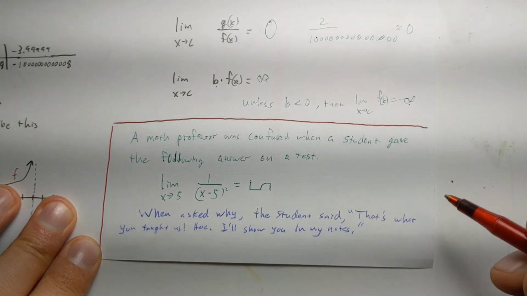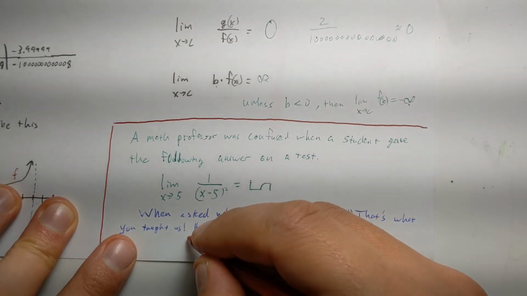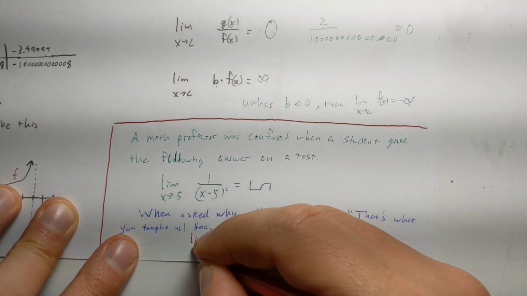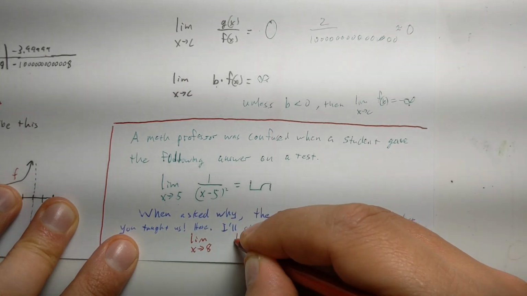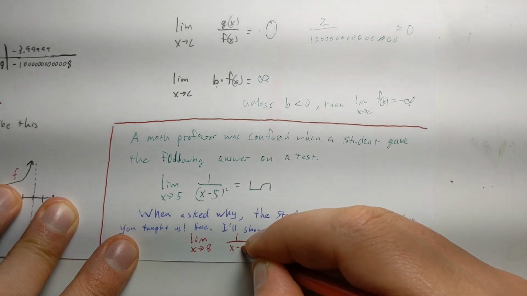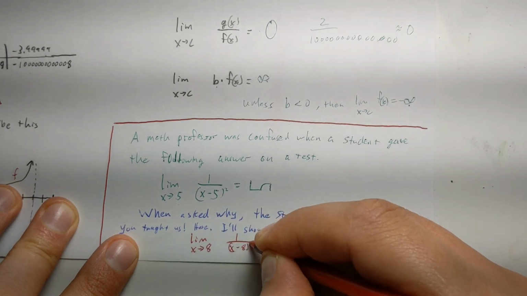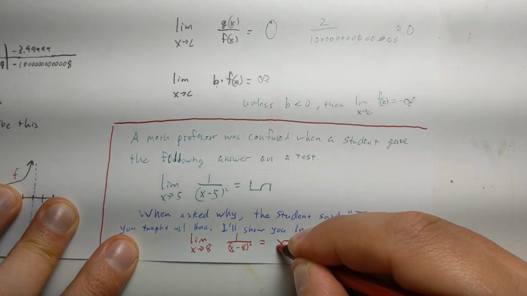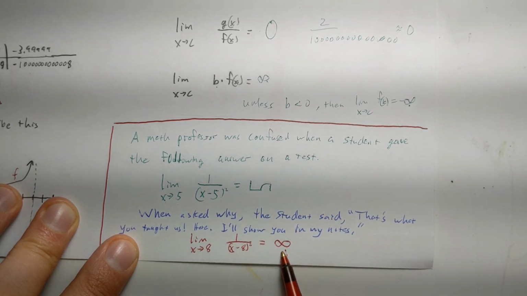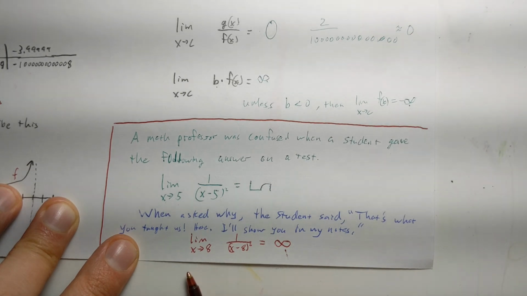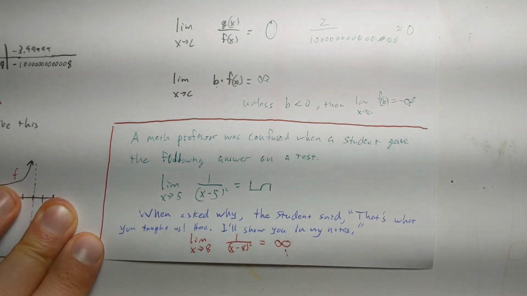And the student got out their notes and showed the professor. The limit as x approaches 8 for 1 over x minus 8 squared is equal to, clearly, you wrote just 8 sideways. Yeah, it's that funny.